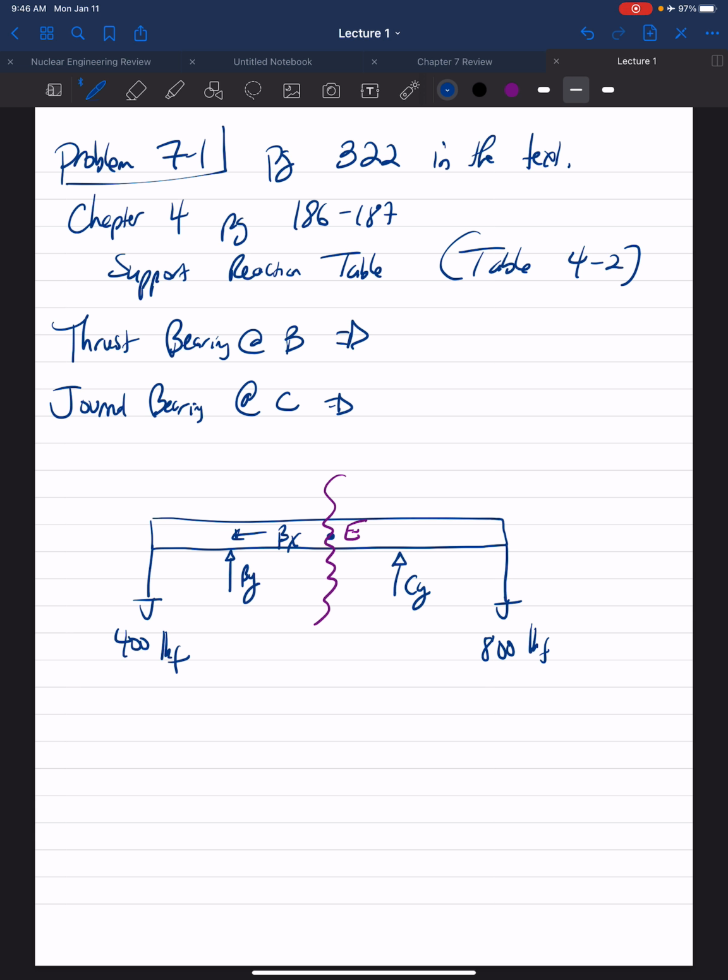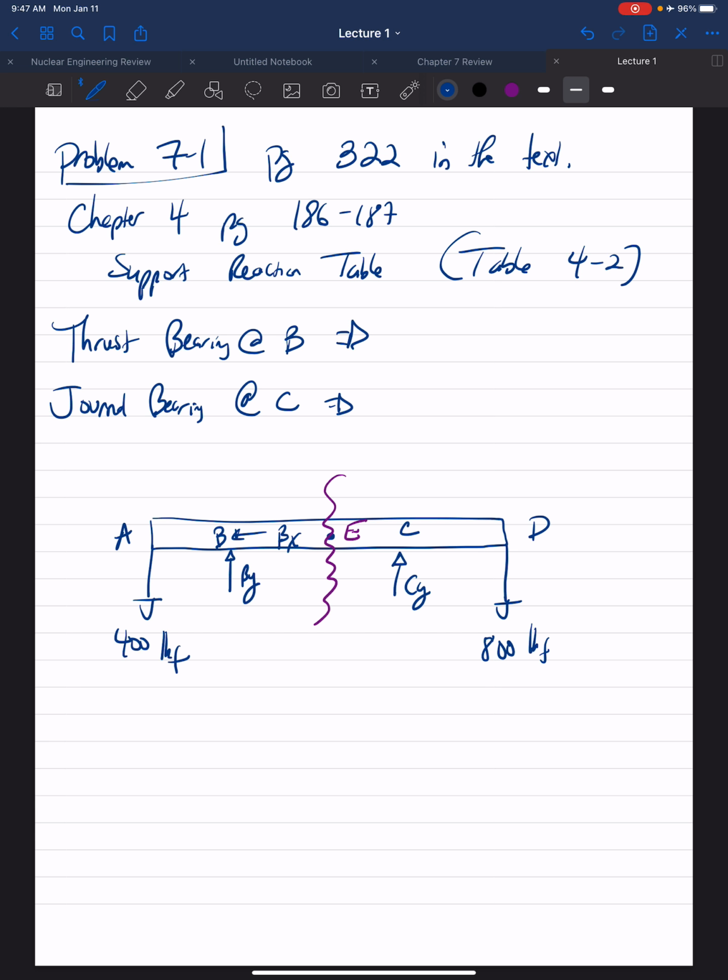So looking at this, we can deal with either section, and this is point C, this is point B, this is point A, this is point D. We can deal with section AE and have to deal with more unknowns than if we dealt with section ED. So let's deal with section ED. But we still have to determine the support reaction Cy.